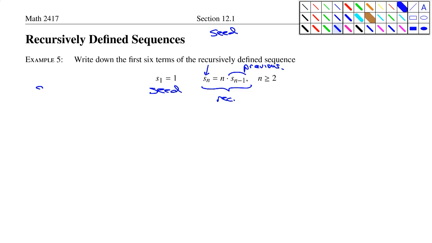S sub 1 is equal to 1. S sub 2 is going to be equal to, using the formula, 2 times S sub 2 minus 1, which is the same thing as 2 times S sub 1. And then S sub 1 is 1, so this is 2 times 1, which is equal to 2.